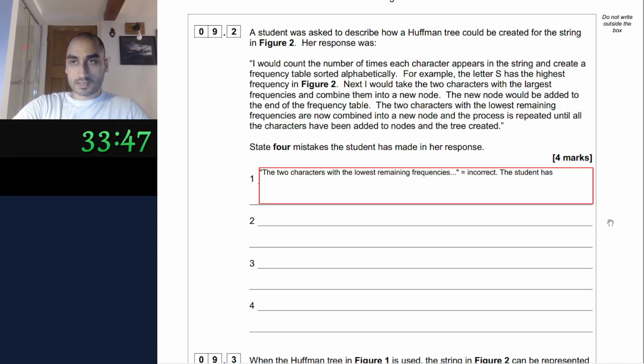The student should be treating all combined nodes as new characters with the respective frequencies and counting those as well. Well, maybe she is doing that. I don't know. Okay.